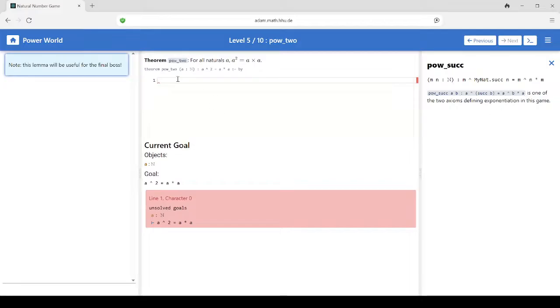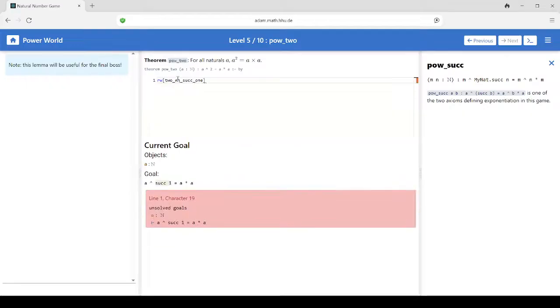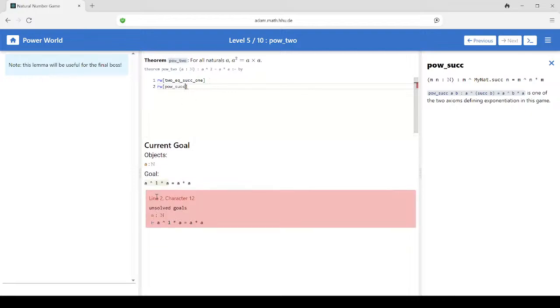Maybe it would be. Let's try it at least. Yeah, rewrite 2 equals successor of 1. Rewrite power successor. Now we have a to the power of 1 times a.